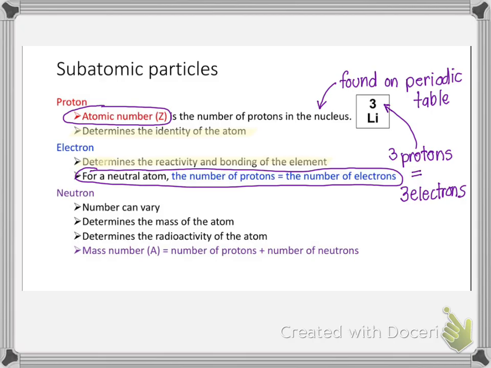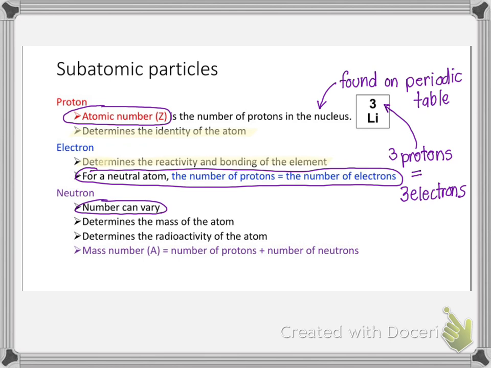Now, neutrons are a little more of a catch-all thing. First of all, we notice that there is not a specific number, and we're going to do a little bit more with that in some of the examples. So I can't predict the number of neutrons based on the periodic table. I can predict protons, I can predict electrons. Sometimes I can guess at how many neutrons there might be, but we need another number for that, which you'll see in a minute.